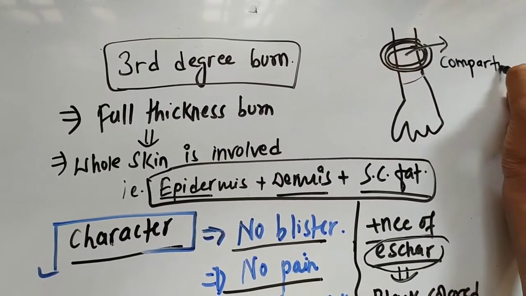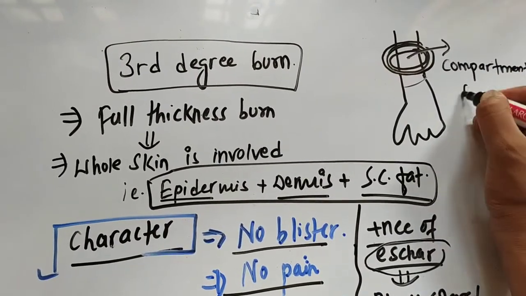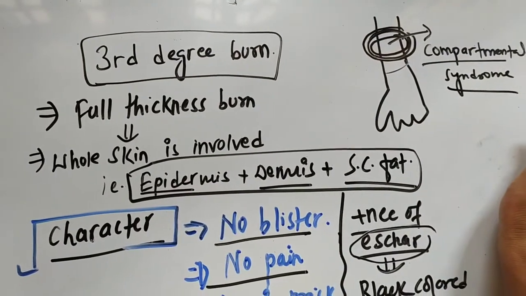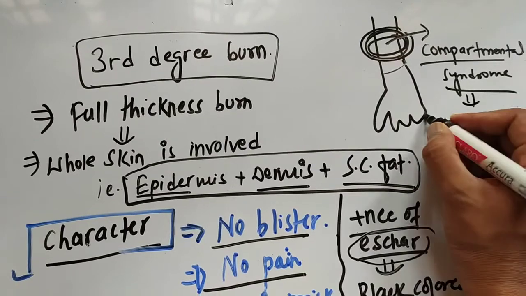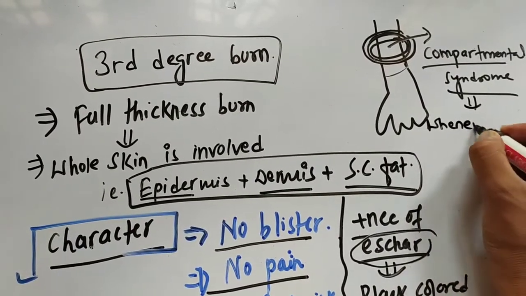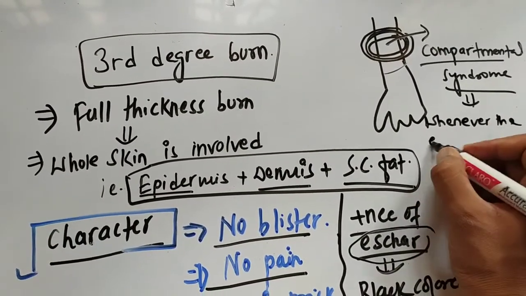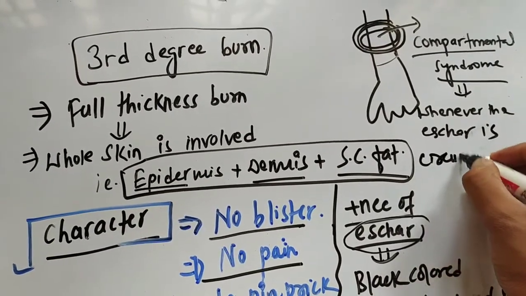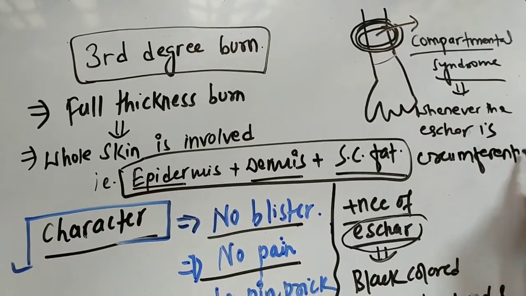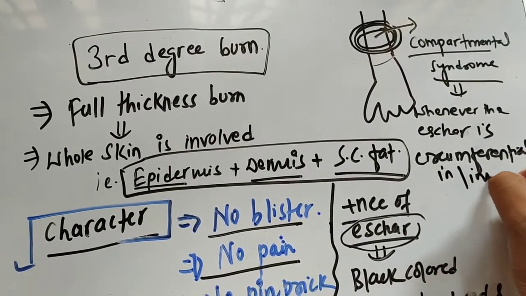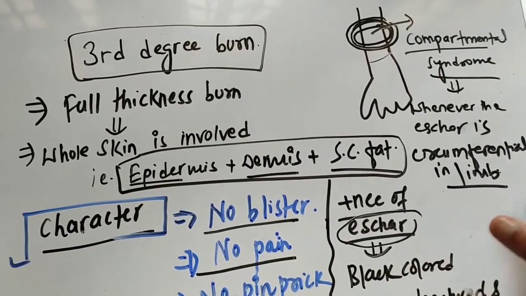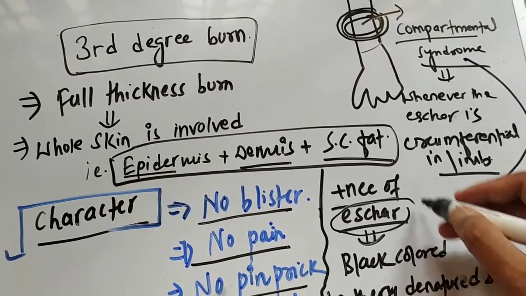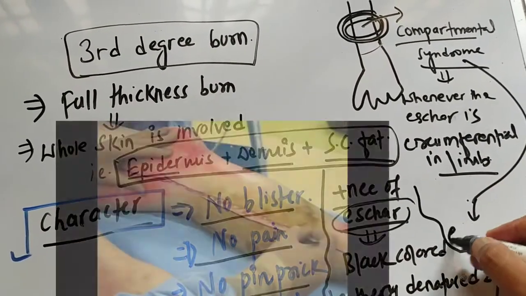So compartment syndrome can occur whenever the eschar is circumferential in the limb, and in this case, to prevent the compartment syndrome, we have to do a procedure that is known as escharotomy.